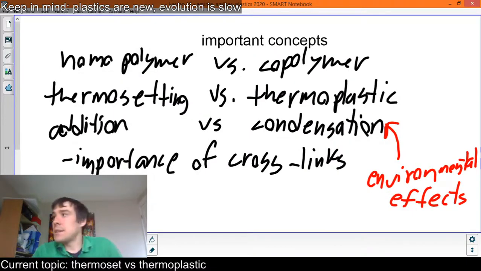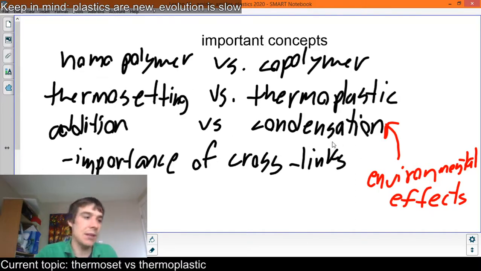So here's the important concept. Here's a review. Homopolymer versus copolymer, the idea of one monomer versus several monomers. We have thermoset versus thermoplastic. And then recognizing addition and condensation polymers, being able to draw the addition and condensation polymers, and to talk about environmental effects of them, where addition are worse for the environment because they're too new, and condensation are typically better for the environment.